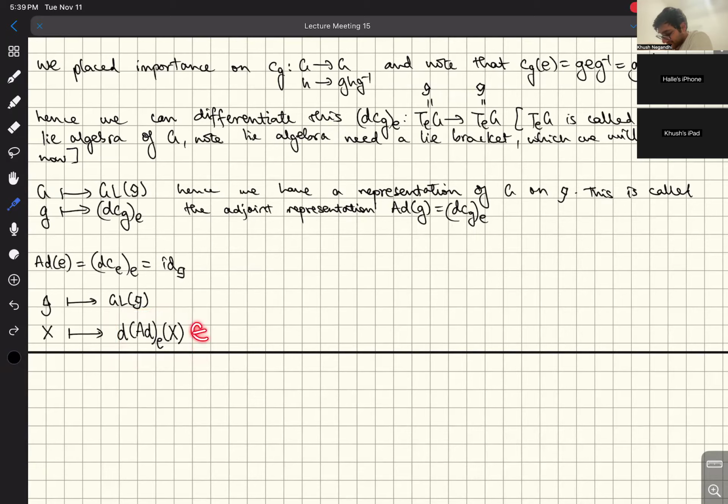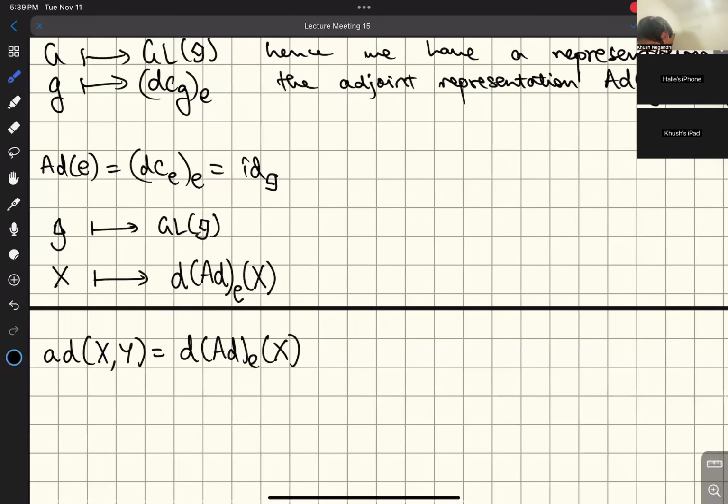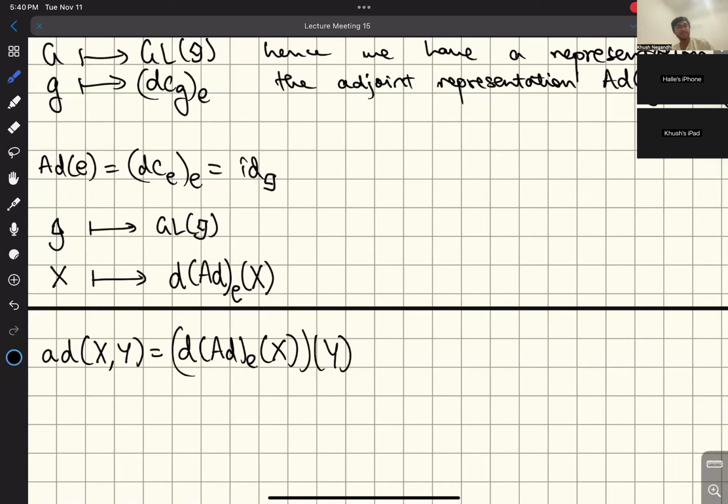Well, this thing is in the general linear group, and hence can act on a vector in the Lie algebra. So you can define this map small ad of x and y. What it does is it takes the differential, and then you put x in the first spot, and then you put y in the second spot. Okay, this thing is called the coadjoint representation.